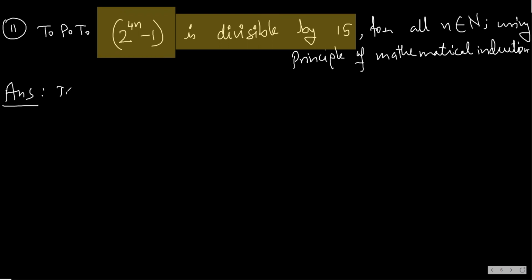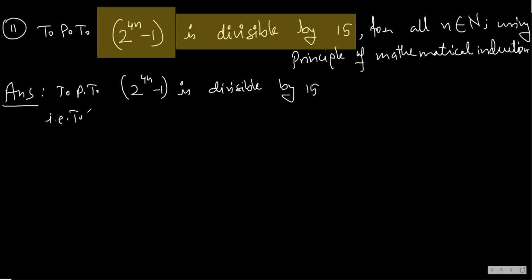So here I write, to prove that 2 raised to 4n minus 1 is divisible by 15, that is to prove that 2 raised to 4n minus 1 upon 15 is a natural number.